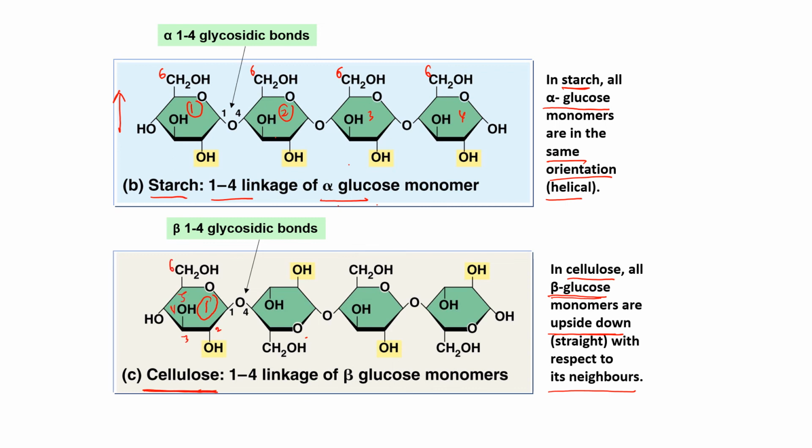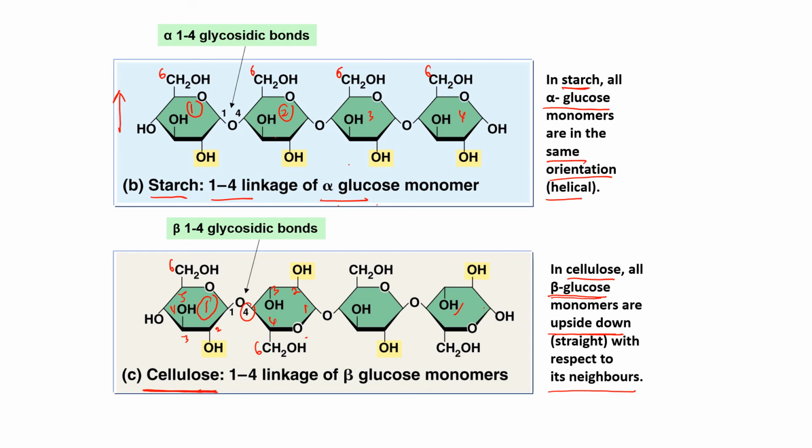But the beta glucose next to it is arranged in the upside down orientation. Here, this is carbon number 1, 2, 3, 4, 5, 6.